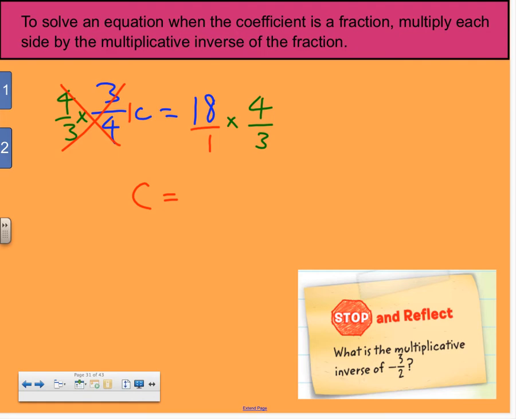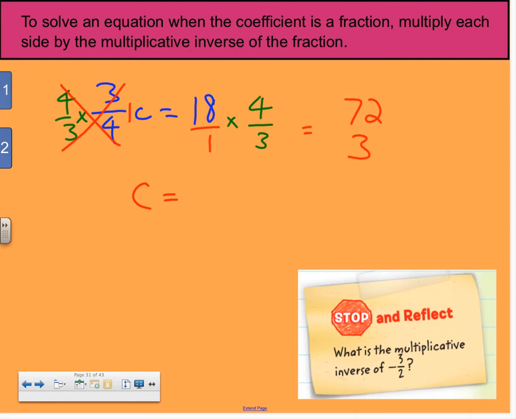Tristan, what do you think? No, this means multiplication. So you go that way. Very good. Corbin said we go that way, or we go horizontal. We just multiply the numerators times each other, and then multiply the denominators times each other. 18 times 4 is 72. 1 times 3 is 3.